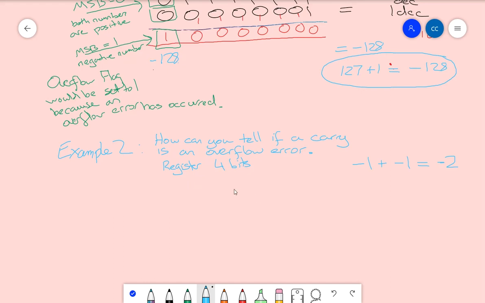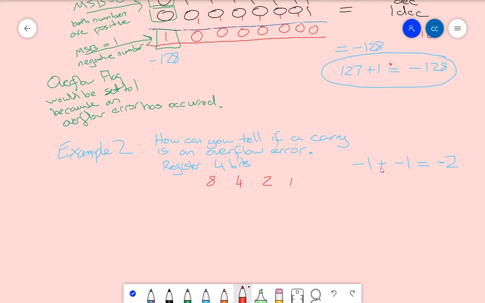So let's write down -1 in 2's complement. First of all, we'll put down our 4 register bit values. So that will be 1, 2, 4 and 8.